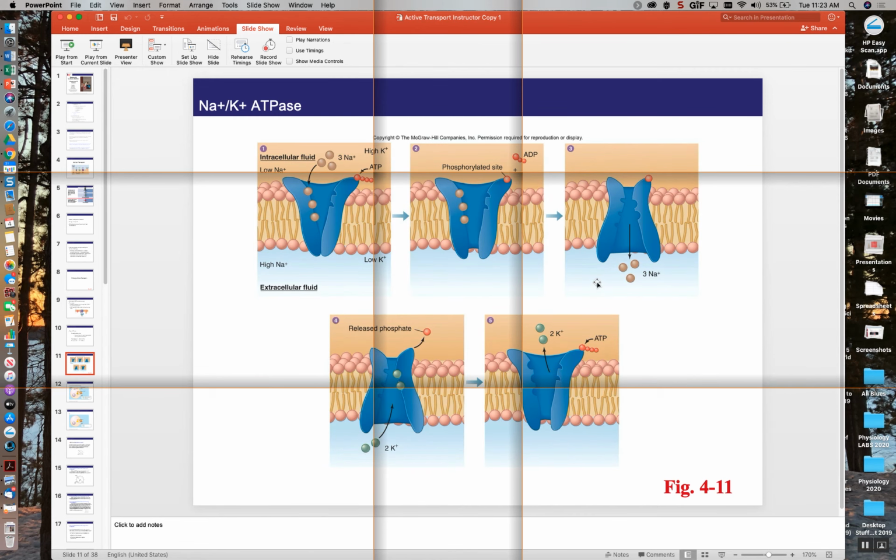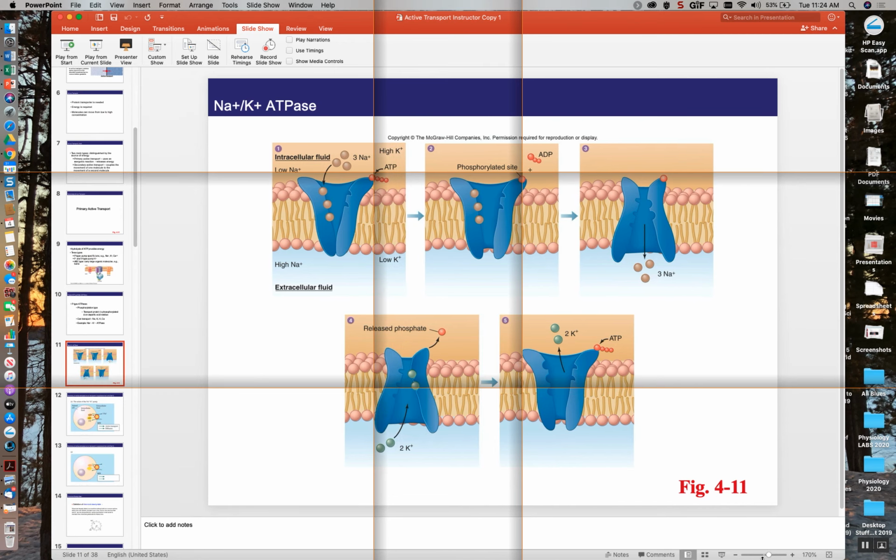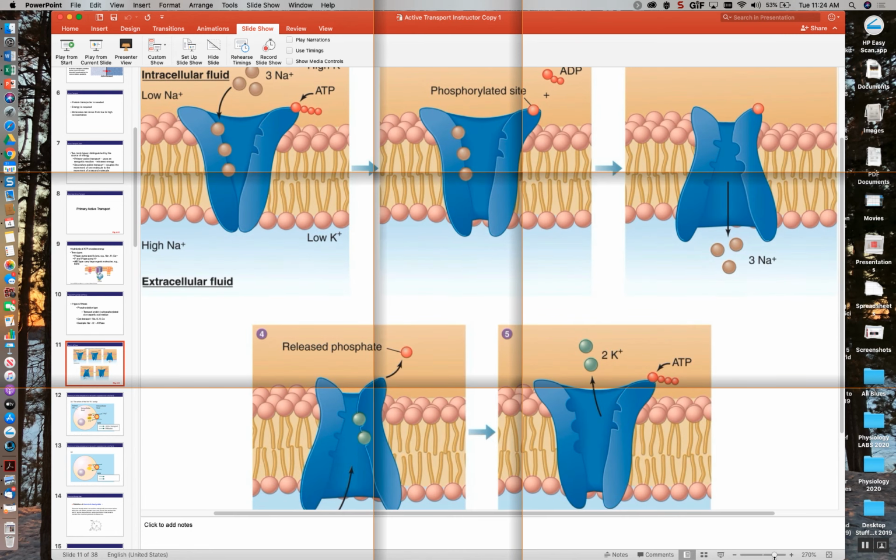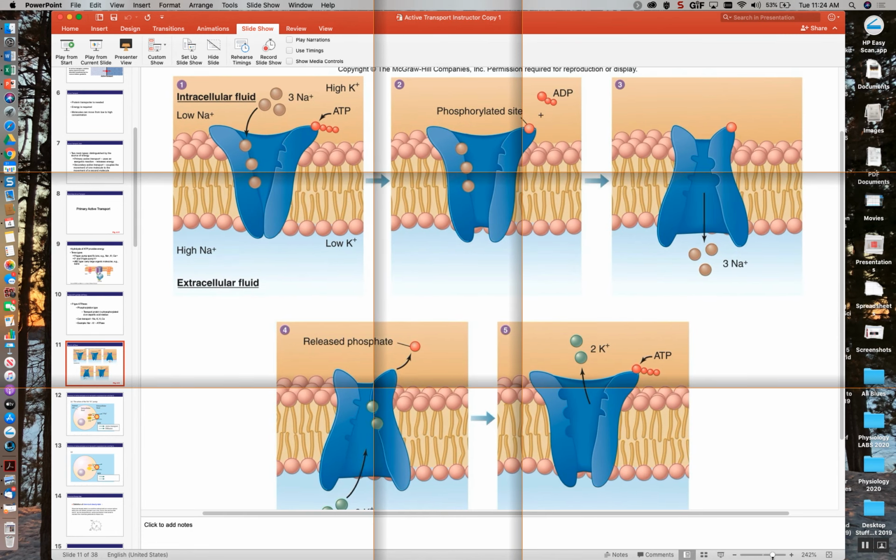Okay, so remember, with the pump, for every turn of the pump, you're basically removing 3 sodium ions, transporting them out of the cell, and you're bringing in 2 potassium. This is called electrogenic, because for every turn of the pump, you're removing 1 positive ion.